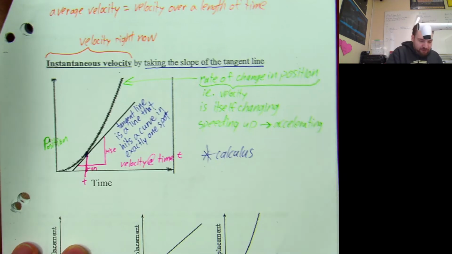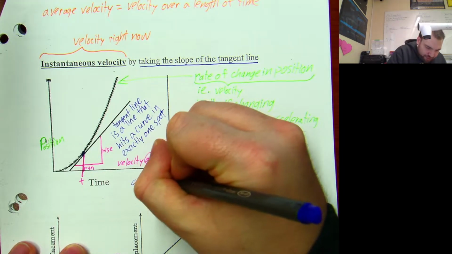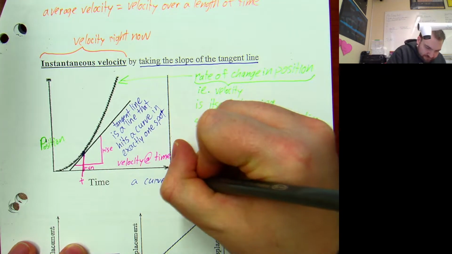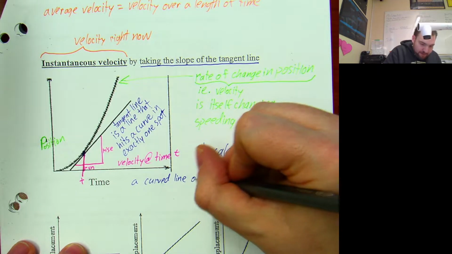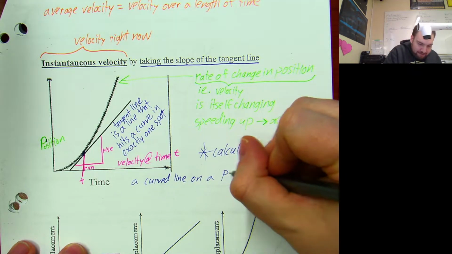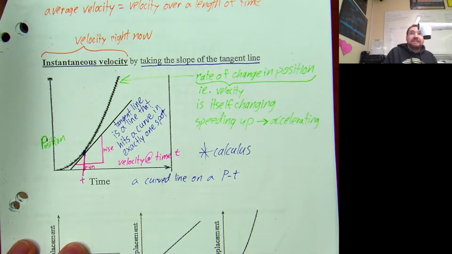So I'm going to write that right below here. A curved line on a, I'm just going to say a PT graph. PT stands for position time.